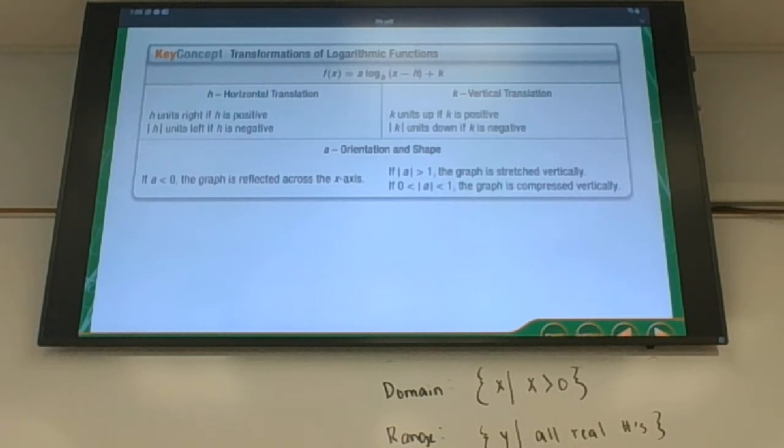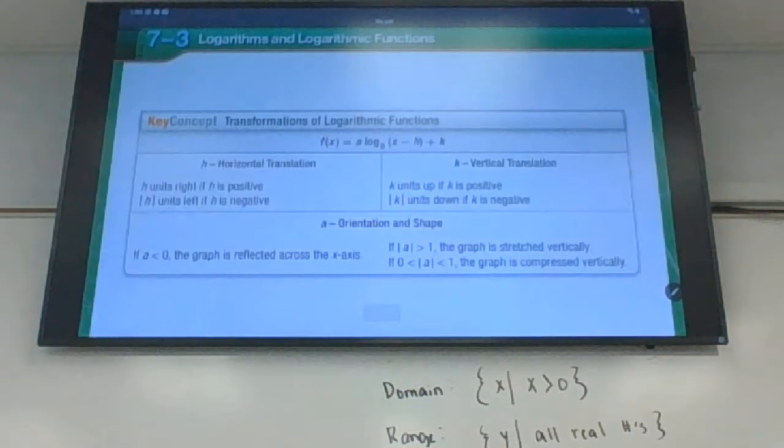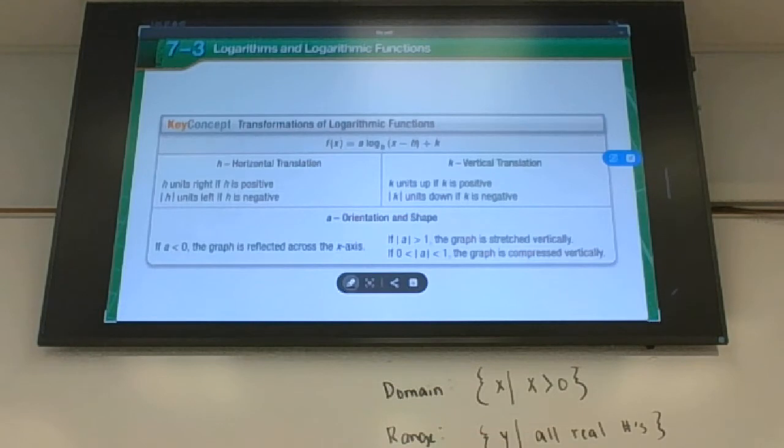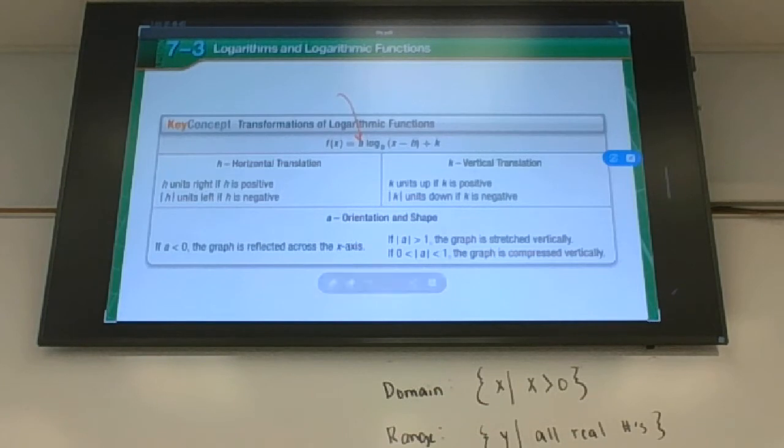It literally says everything that every transformation has always said. And you guys are getting really good at this now. We've been graphing transformations pretty much since absolute value function. So A would be a reflection. A stretch or a compression. Any value in parentheses with X is a horizontal translation. And any value at the end is a vertical translation.